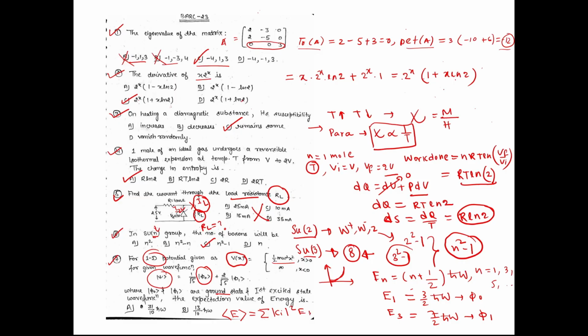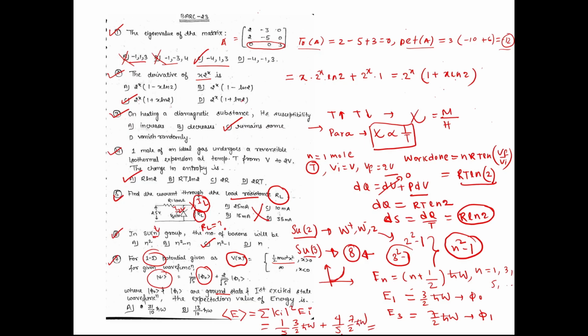For the first state, mod of 1 by root 5 whole squared gives 1 by 5. The corresponding energy E1 is 3 by 2 h cross omega. Then plus mod of 2 by root 5 squared gives 4 by 5, times 7 by 2 h cross omega.